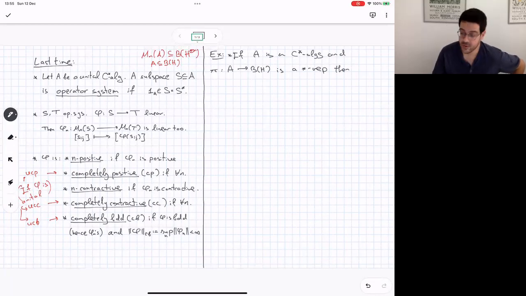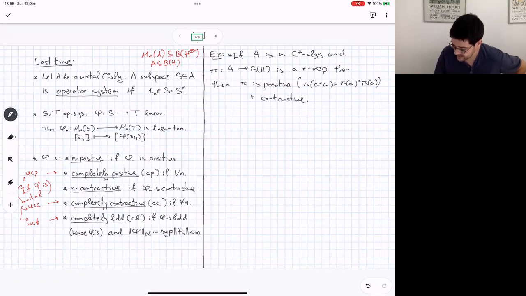Why? Because pi of A star A is pi of A star pi of A, right? Plus contractive, plus pi n that goes from Mn(A) to Mn(B(H)), which is also B(H) to the n, is also a star representation.